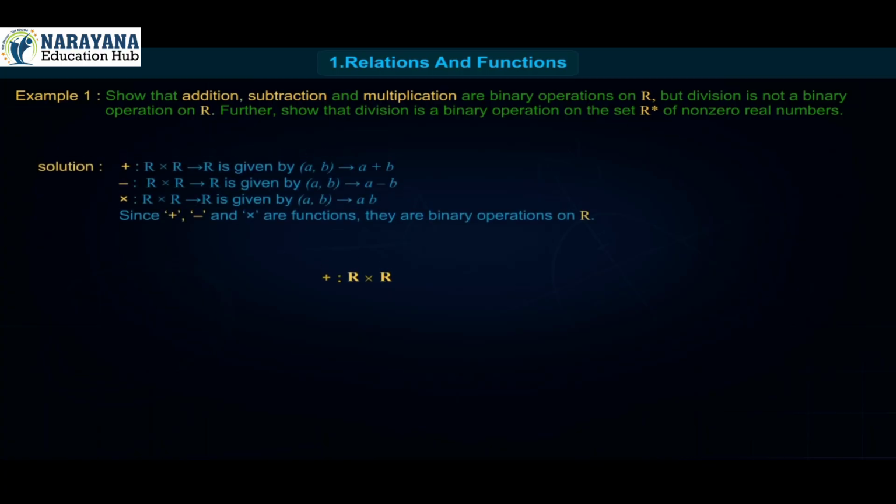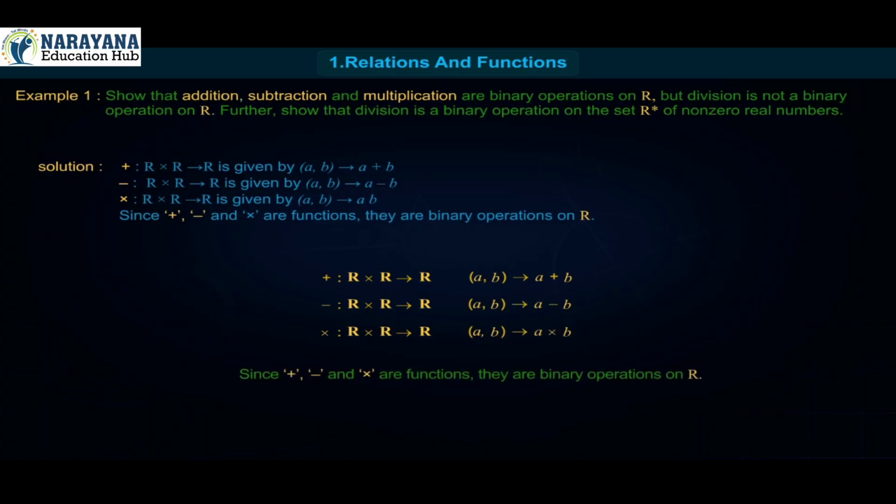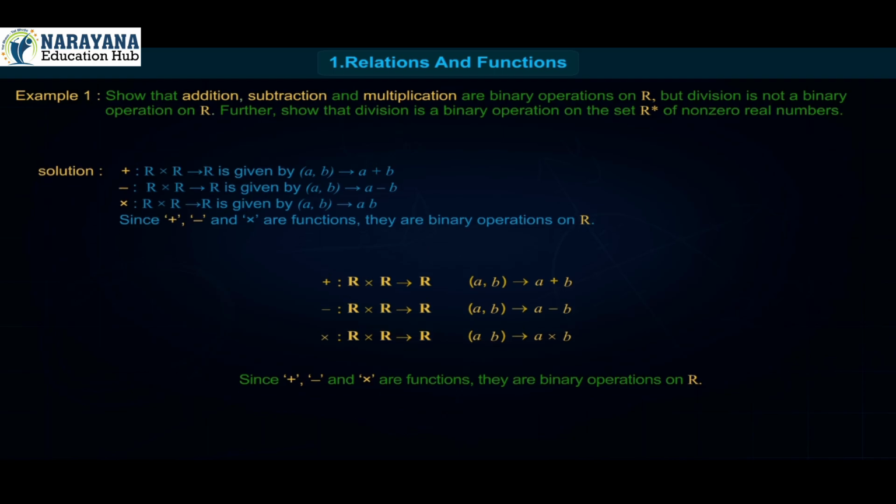Addition from R × R to R is given by (a, b) to a + b. Subtraction from R × R to R is given by (a, b) to a − b. Multiplication from R × R to R is given by (a, b) to ab. Since addition, subtraction and multiplication are functions, they are binary operations on R.